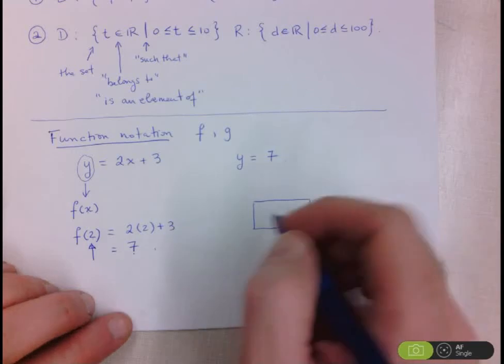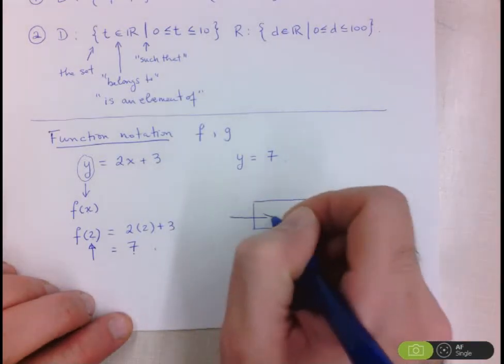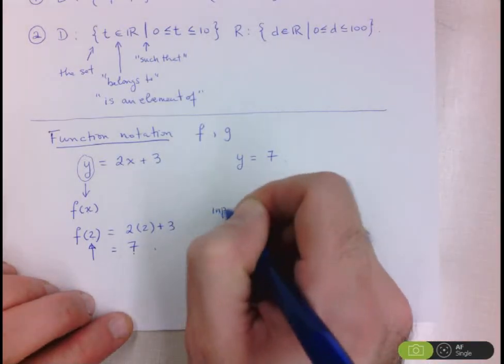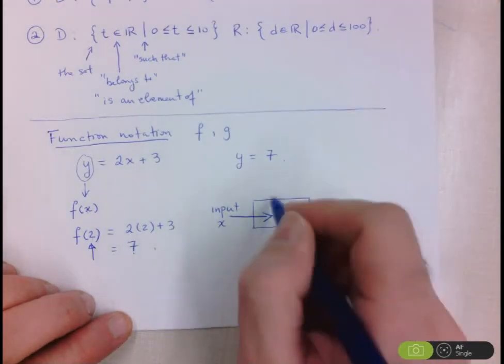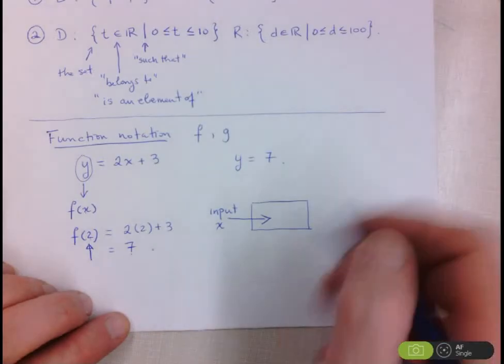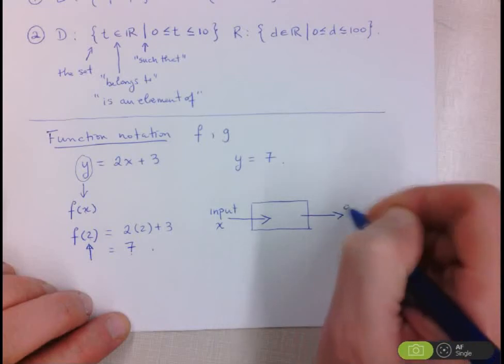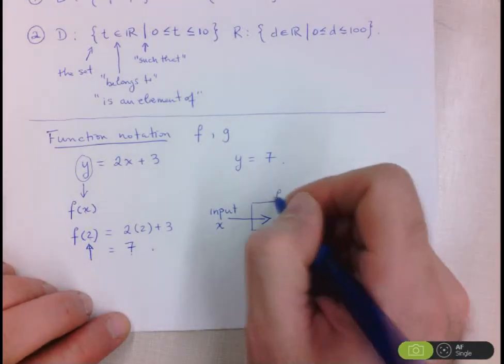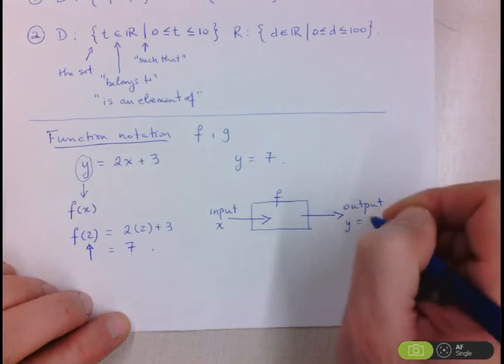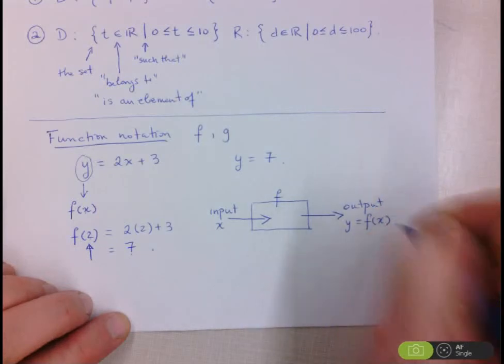Okay, so we think of this machine as receiving an input, which is our x value. The machine is going to do something to that x value, and it's going to produce an output. Okay, and if this machine is called f, the output y is written f at x.